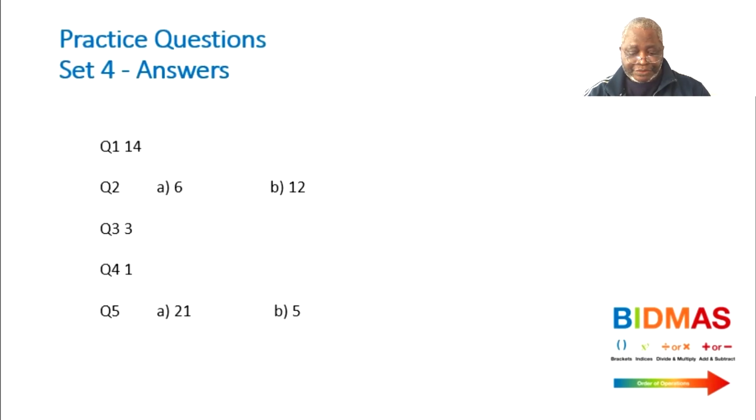And your answers are available on the next slide, which gives you the answer. Check your answer. Pat yourself on the back for those you got right, and those you didn't, find out where you went wrong and correct your mistakes.